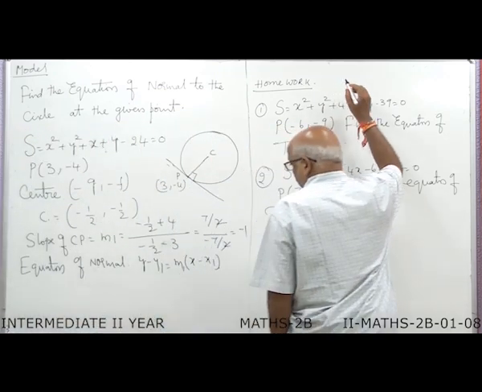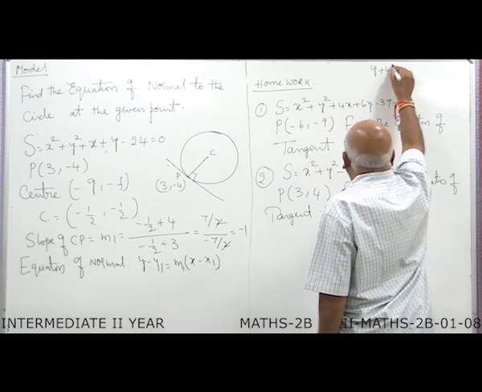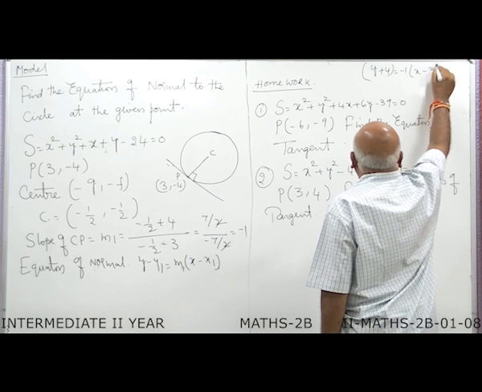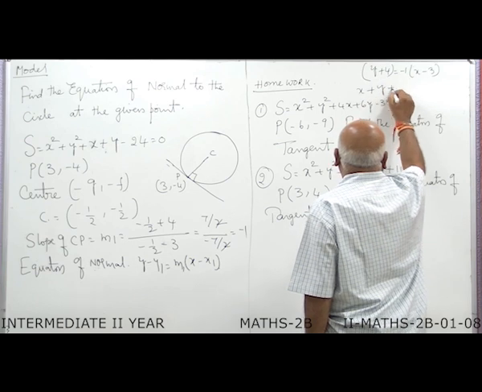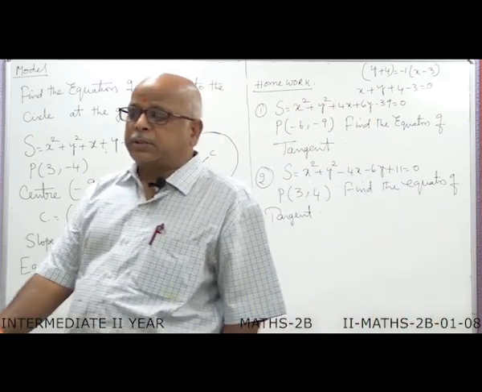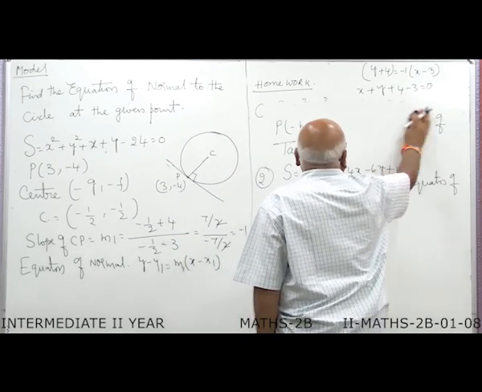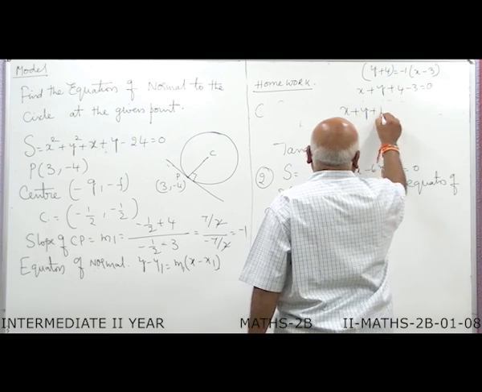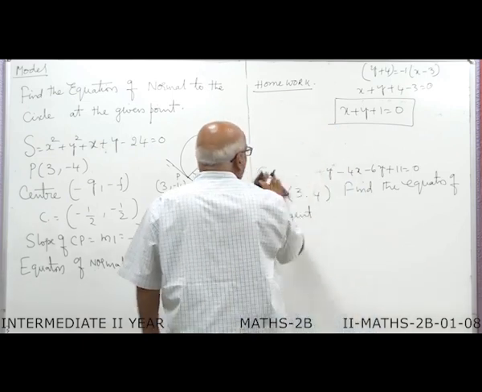That is y minus (minus 4), y plus 4 equal to minus 1 into x minus 3, so x plus y plus 4 minus 3 equal to 0. Finally, after simplifying this one, the equation of normal will be x plus y plus 1 equal to 0. That is the equation of normal.